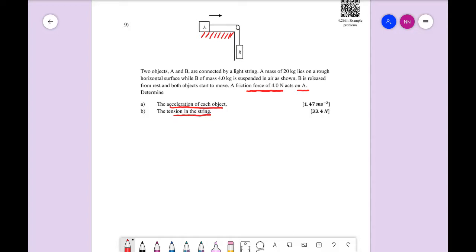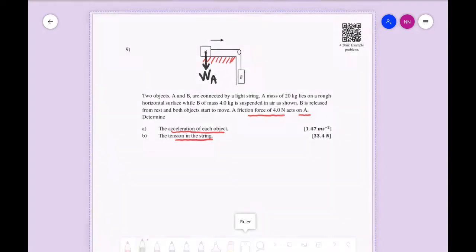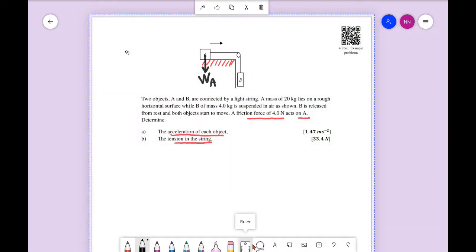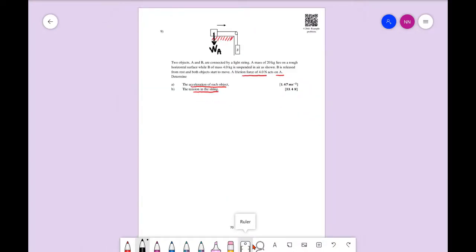So let us draw all the forces acting on object A. For object A, it has weight, of course, and then it is in contact with surface, so it has normal force 90 degree to the surface, and then it has friction, opposite direction of motion.